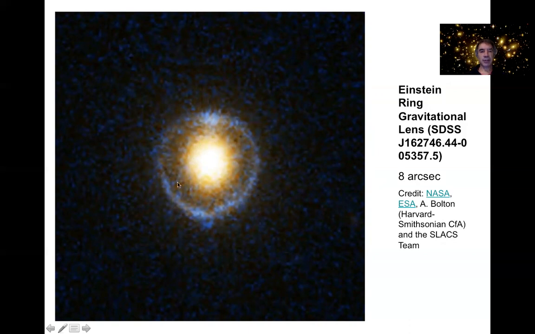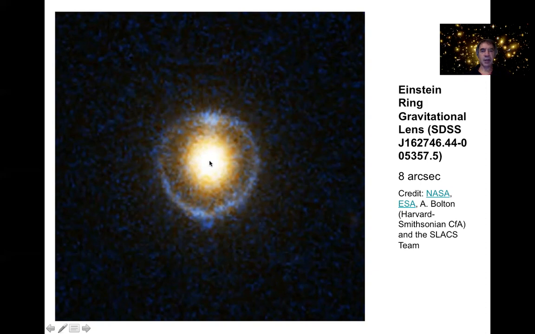And the blue light you see here is the distorted image of a background galaxy, which is actually quite blue. So that will be a young star-forming galaxy with lots of blue stars in it. But if this elliptical galaxy wasn't here, then this background blue galaxy would appear right in the middle here.